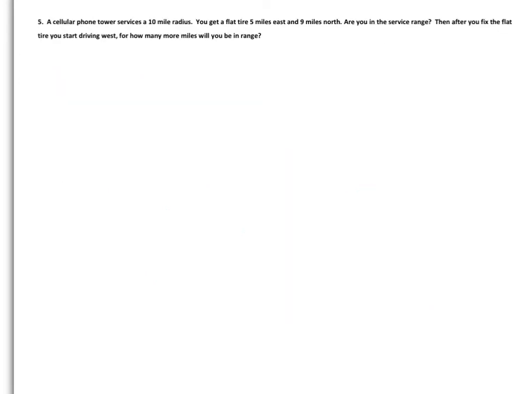So it says a cell phone tower has services of a 10-mile radius. You get a flat tire, and I meant to type not 5, but make that 3 miles east and 9 miles north. Are you in the service range?